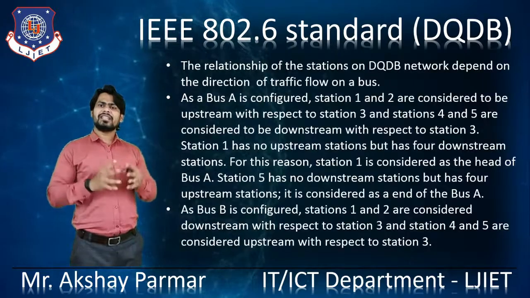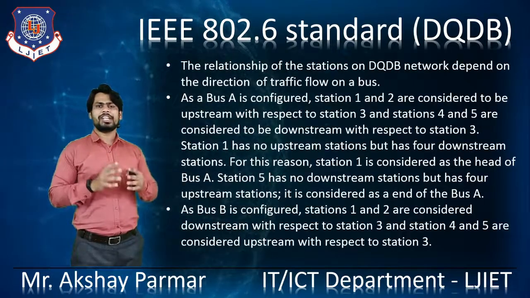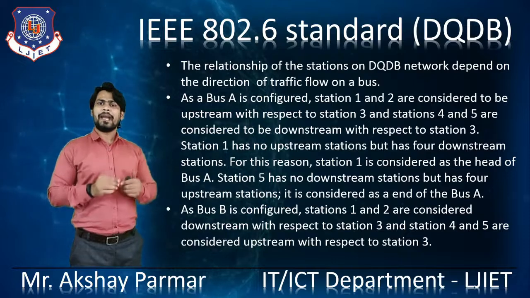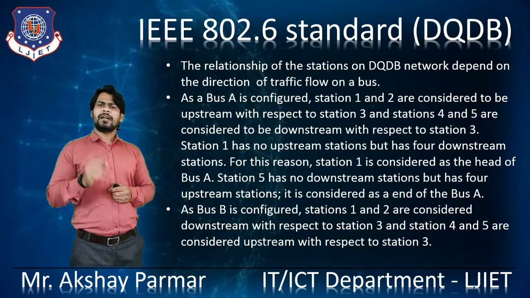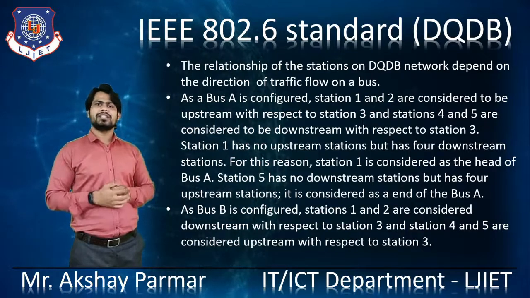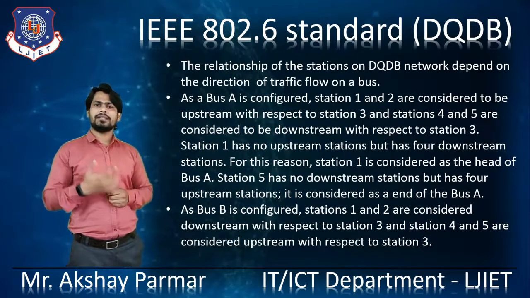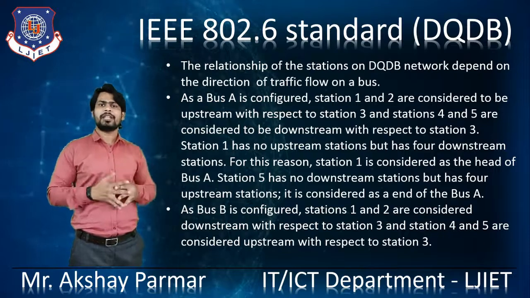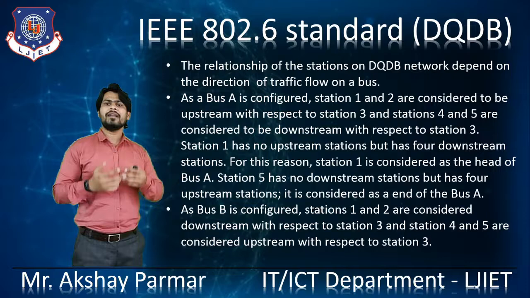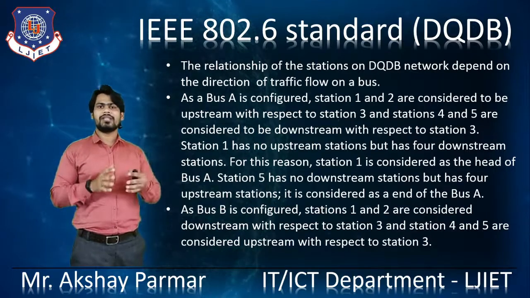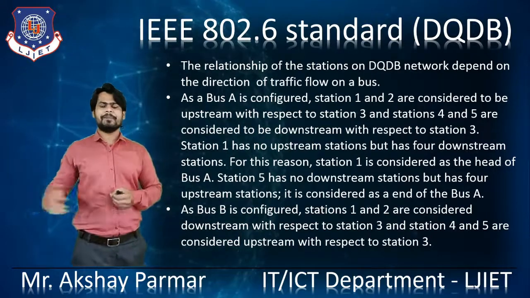After that, the relationship of the stations on the DQDB network depends on the direction of the traffic flow on the buses. As bus A is configured, stations 1 and 2 are considered upstream with respect to station 3, and stations 4 and 5 are considered downstream with respect to station 3.